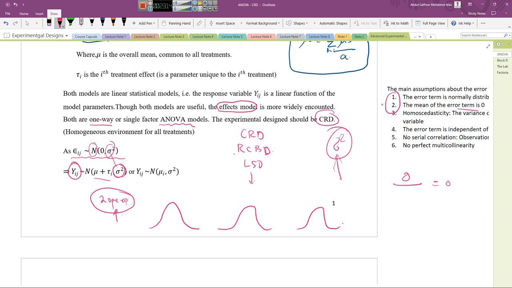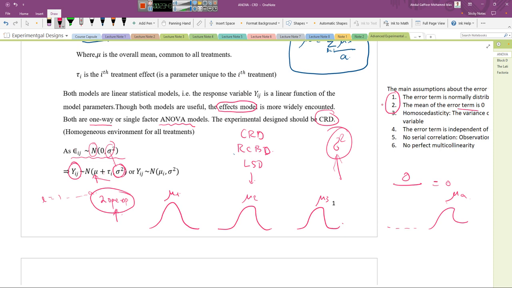Here the mean is mu 1, this is mu 2, this is mu 3, and if you have a number of observations, that will be mu a, so I started from 1 to a. That's why I generally put mu plus tau i, where mu is the common overall mean plus that treatment effect.